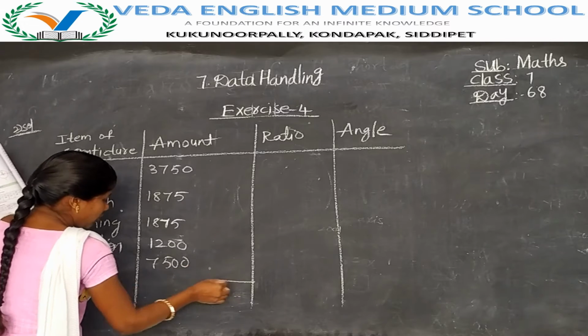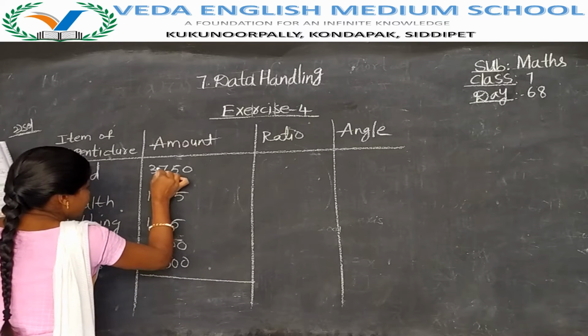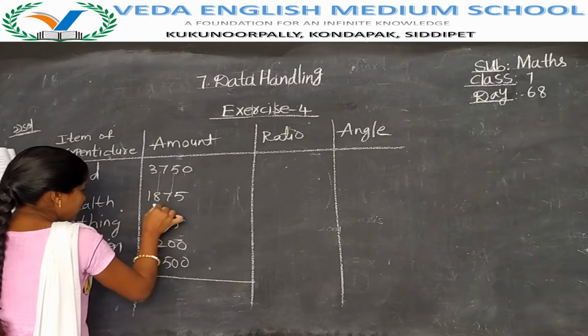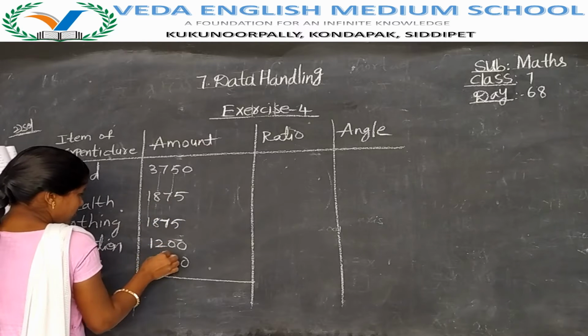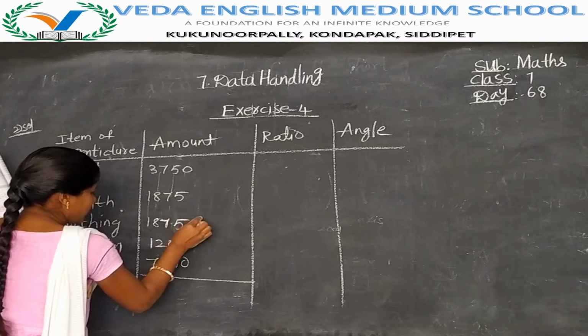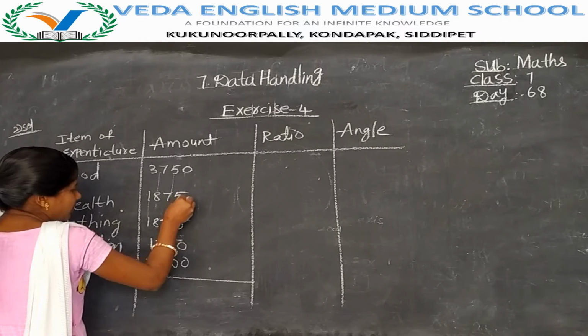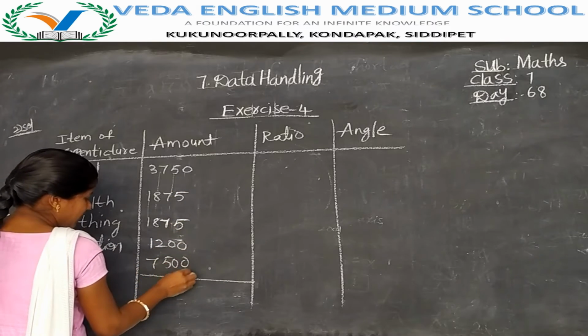Then we will add this amount. How much will we get? We will see here. Adding the units: 5, 5, 5 plus 5 is 10, plus 0, 10, plus 0, 10, 0.